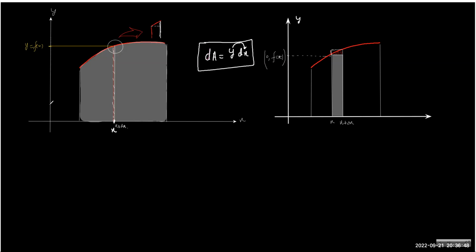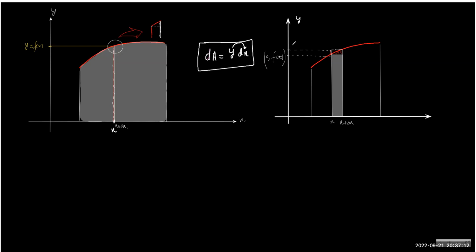And also you can see one thing clearly. I am taking the height as per the x value, not for the x plus delta x value. Now imagine if I choose the x plus delta x value as the height.